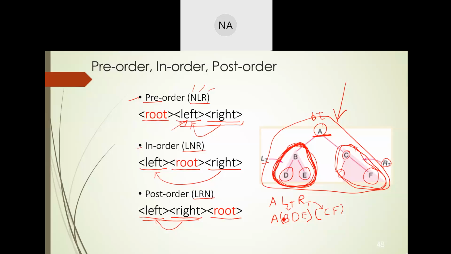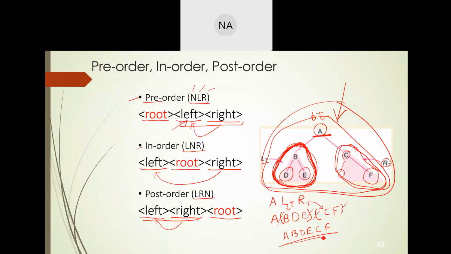Okay, you can remove these brackets. So A, B, D, E, C, F. This is the pre-order traversal of this binary tree, right? Similarly, you can print the traversal for the in-order and post-order traversal algorithms, right?